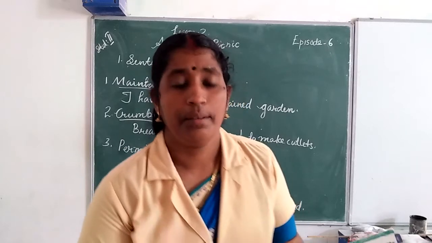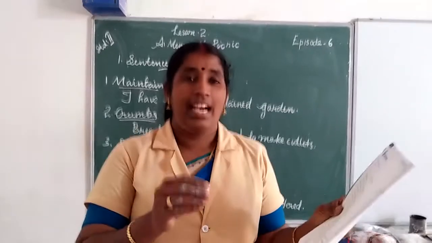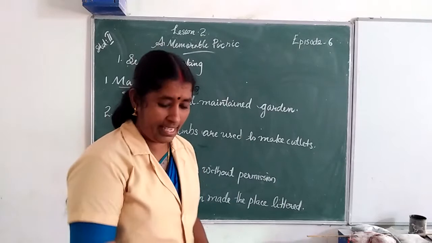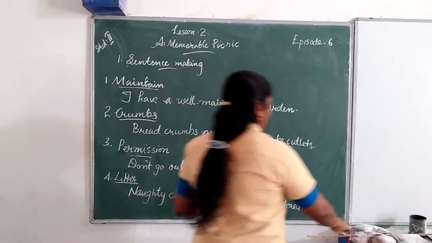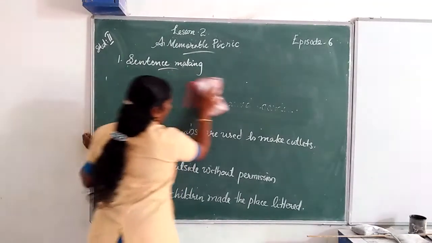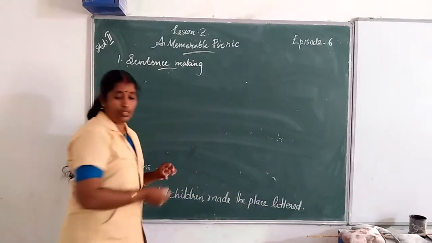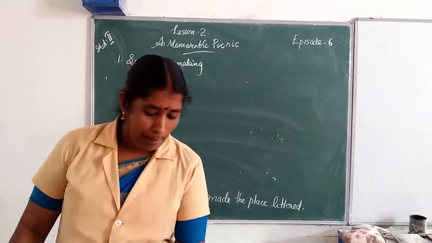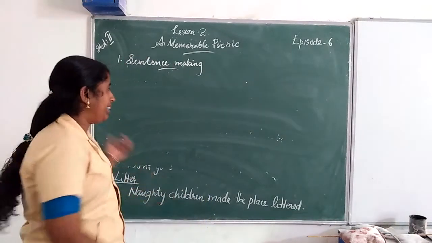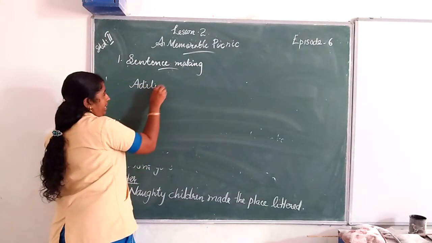Tell me the answer. Aditya said these words to the other children. You write in a text. First one, I'll read the sentence one more time. Mummy told me not to leave the place littered. Aditya, A-D-I-T-Y-A.